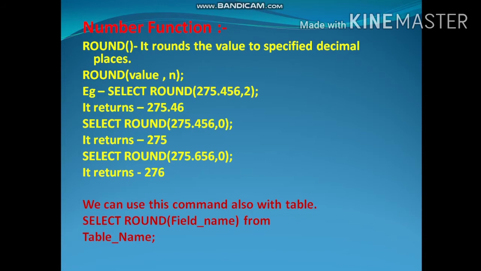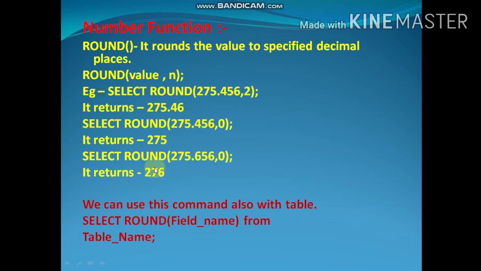Next example: round 275.456 comma 0. I rounded with 0, that means without decimal places, and it returned 275. Why? Here, after the point, the first digit is 4. If it is 5 or more, then it rounds up by one value.